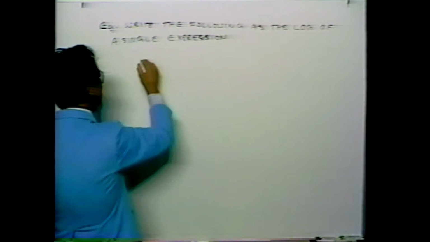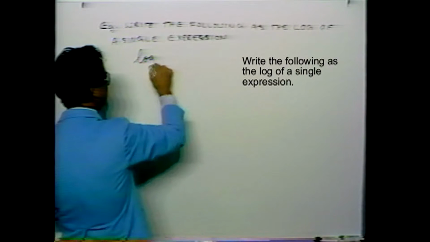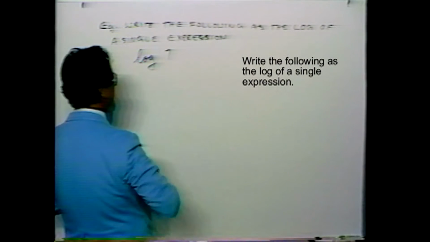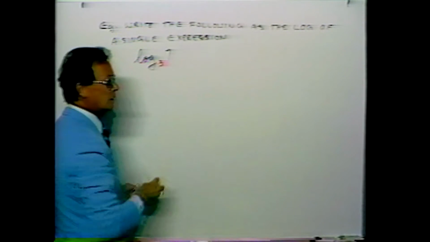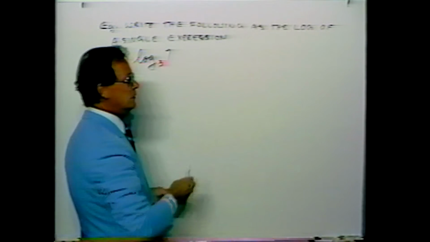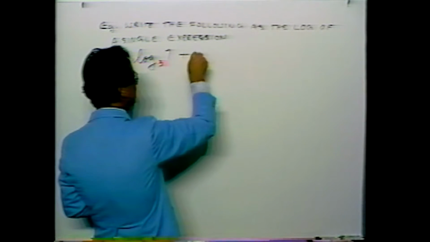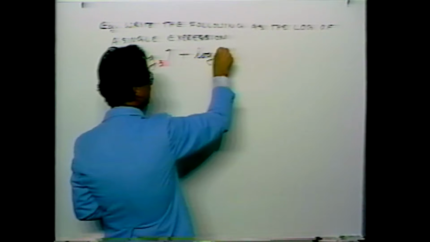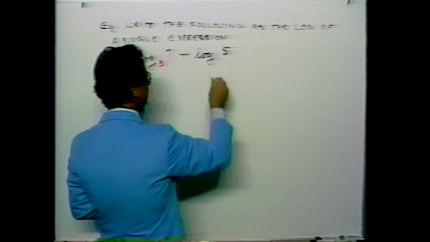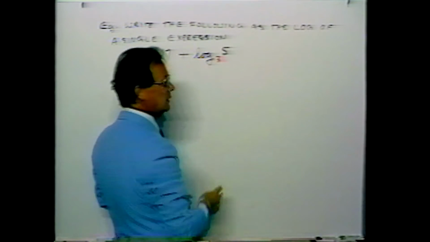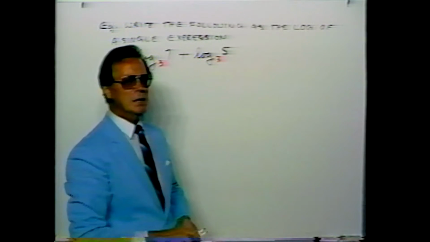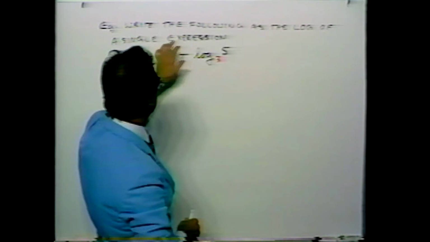Log of 7 to base 3 plus the log of 5 to base 3 is the expression that we want to write as the log of a single expression.